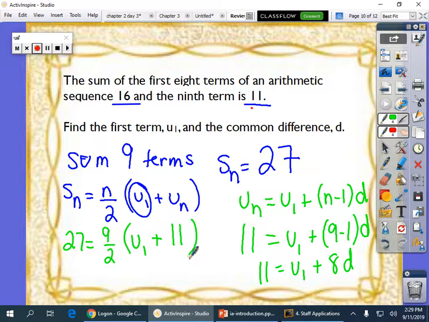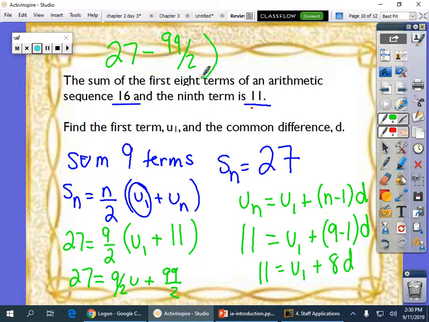All right, so 27 equals 9 over 2u plus 99 over 2. Subtract that. So subtract 27 minus 99 over 2. And then divided by 9 over 2. 27 minus 99 over 2. Take all of that and divide it by 9 over 2. And what do you get?